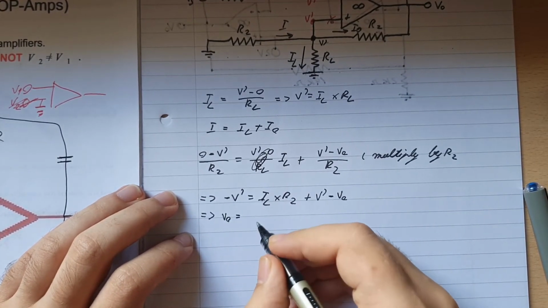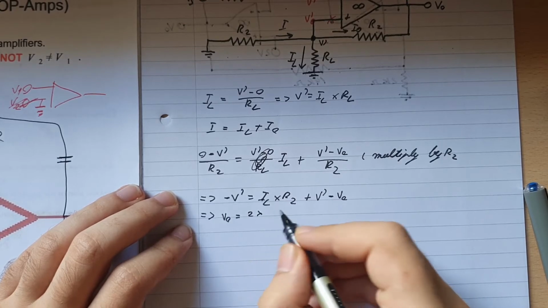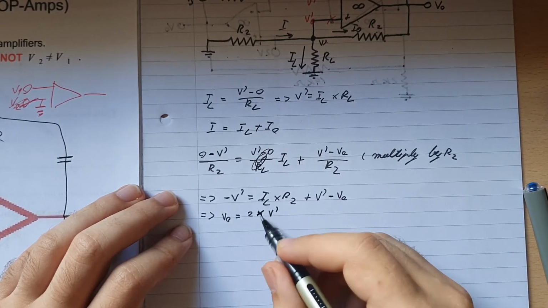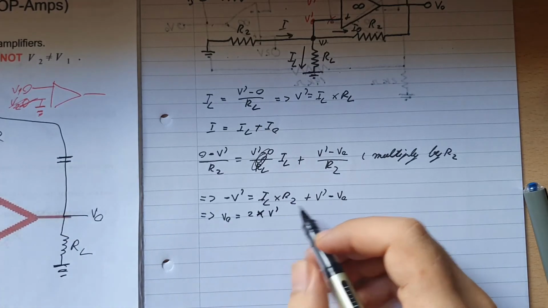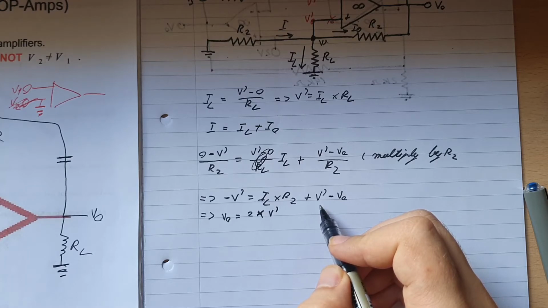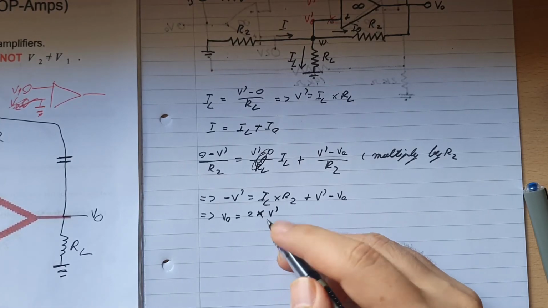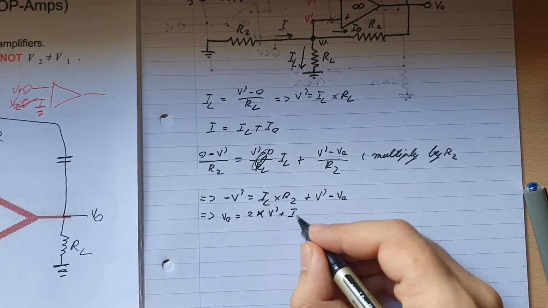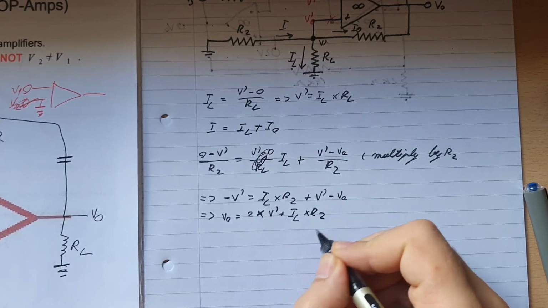V out will be equal to 2 times V prime. The reason it's 2 times V prime is because it's already a V prime, and this minus V prime will be moved to this side and become positive, so it'll be plus V prime plus V prime, which gives us 2 times V prime, and this one stays the same, plus IL times R2.